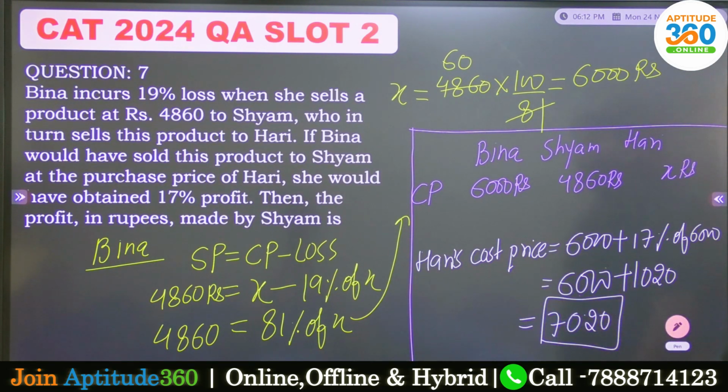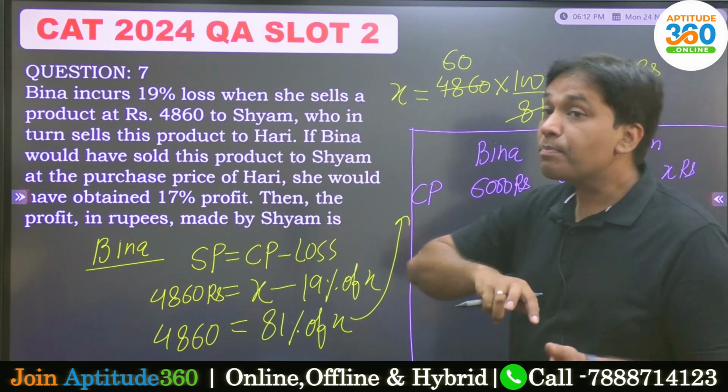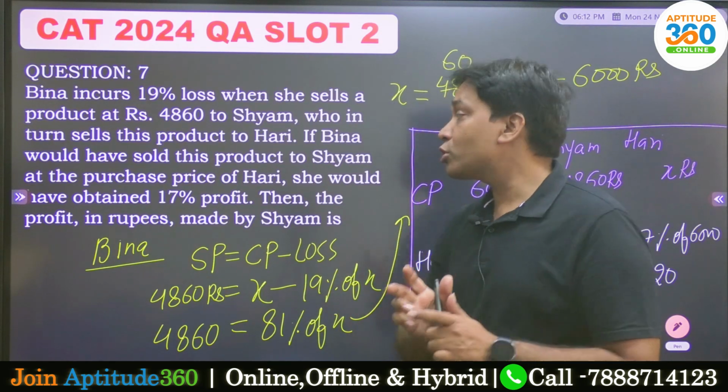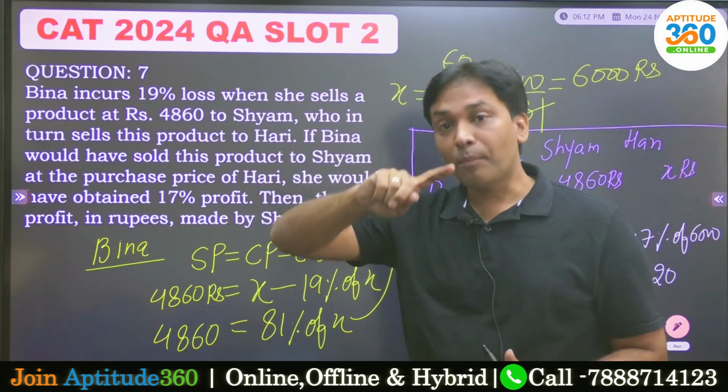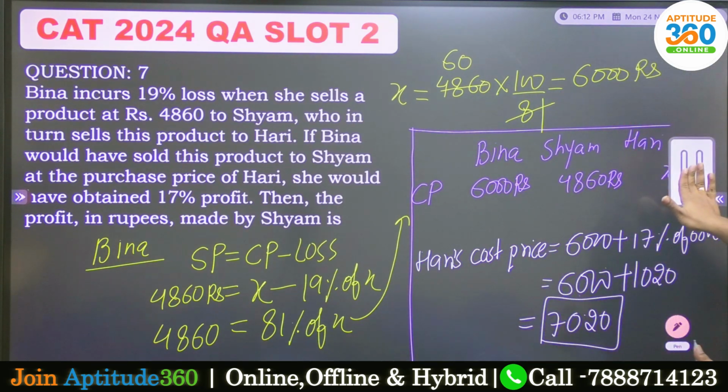So what is this interpretation? That if Beena would have sold this product to Shyam at the purchasing price of Hari. So what is the purchasing price of Hari? It is 7020. Then she would have made a profit of 17%, right? So we know the cost price of Hari now, and that is nothing but 7020 rupees.